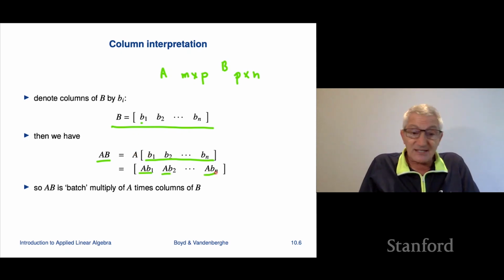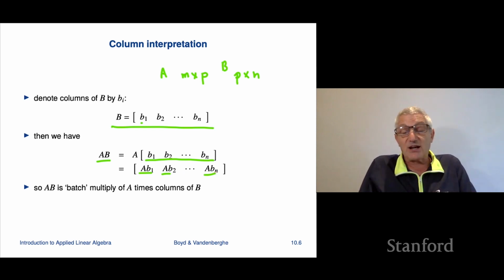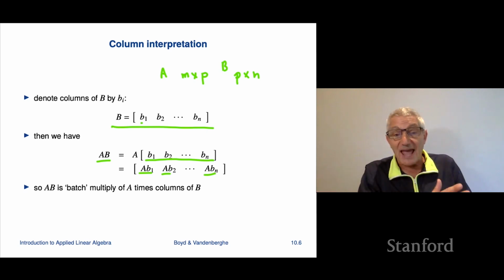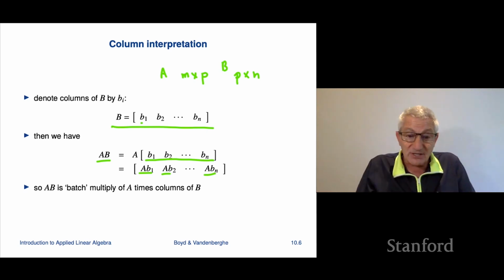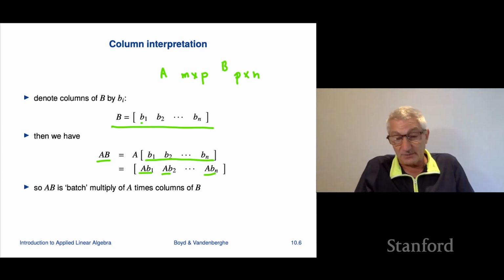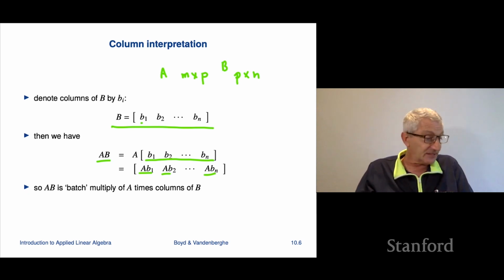And so now what you can see is one interpretation of a matrix A times a matrix B is that it works column by column. It just says take the matrix B, multiply every column of B by A, and then rearrange them into a matrix. So you could think of AB as a batch multiply of A times all the columns of B. So that's one way people think of it.